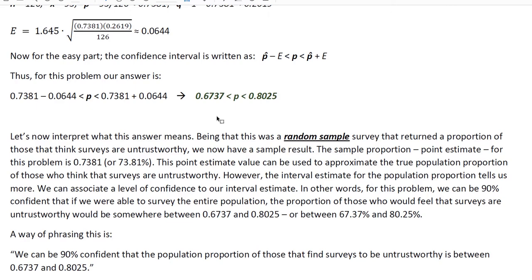When we find a confidence interval, we're picking a level of confidence, and we end up with a range of values.